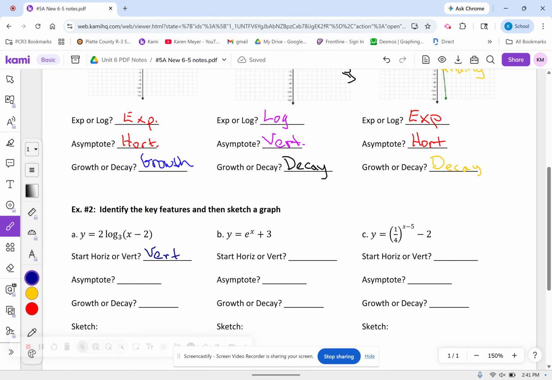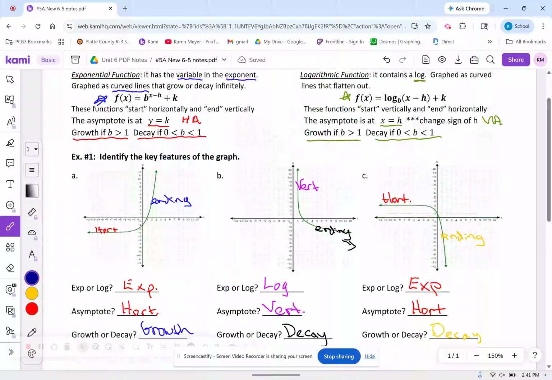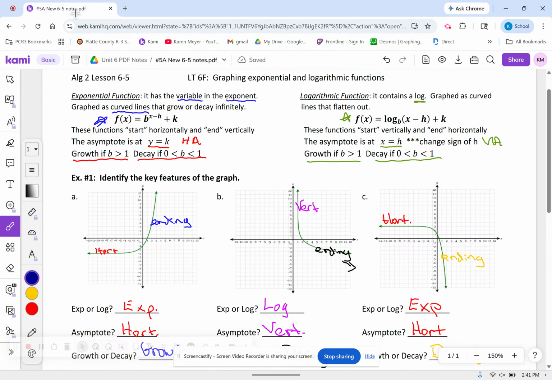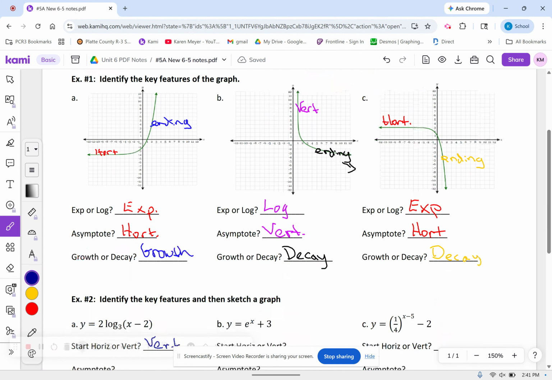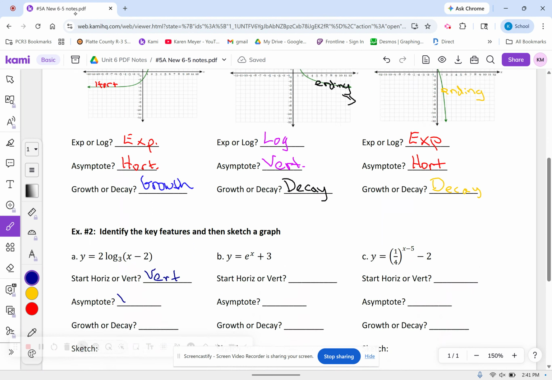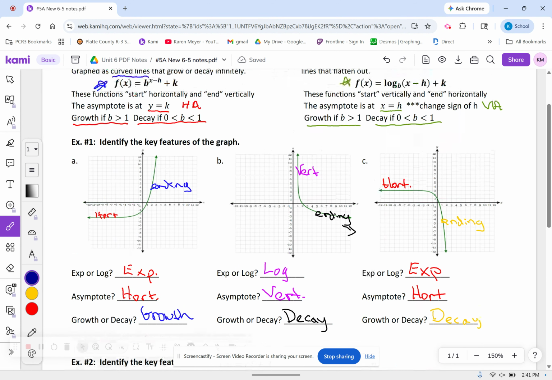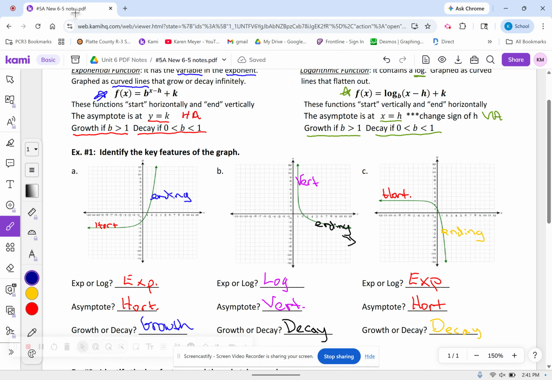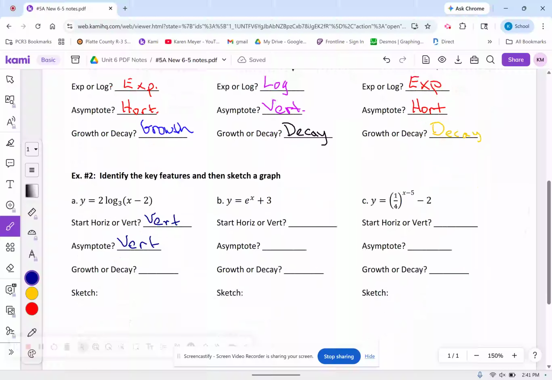And then what type of asymptote? If you look up here, log questions, what type of asymptote do they have? They have a vertical asymptote. And then growth or decay. For this one, it says to look at the letter B, and B is the little bitty base number below log.